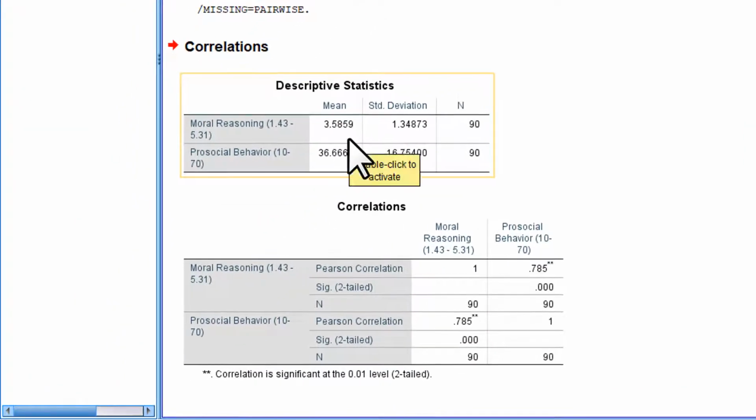So you have here the descriptive statistics, the means and standard deviation for each of your dependent variable. This represents the overall means for the entire sample.